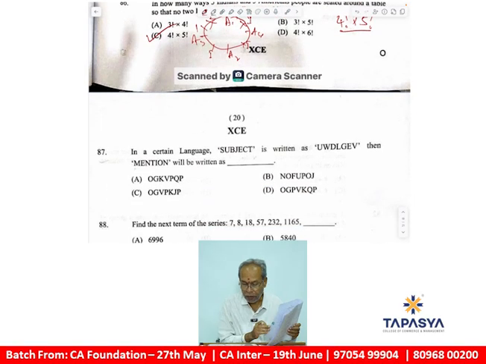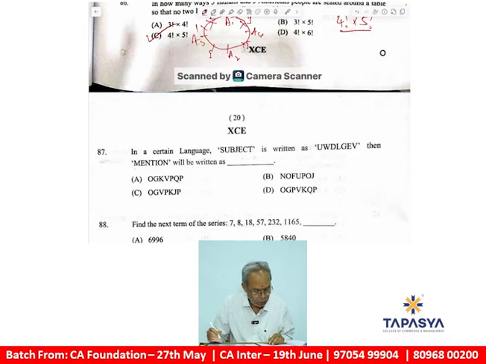Now comes the coding and decoding problems. In a certain language, SUBJECT is written as UWDLGEV, and MENTION can be written as.